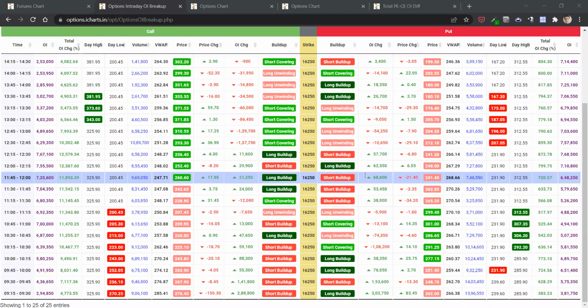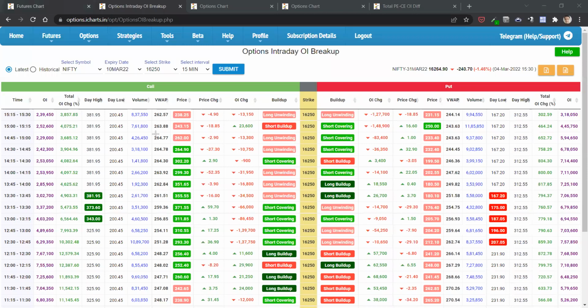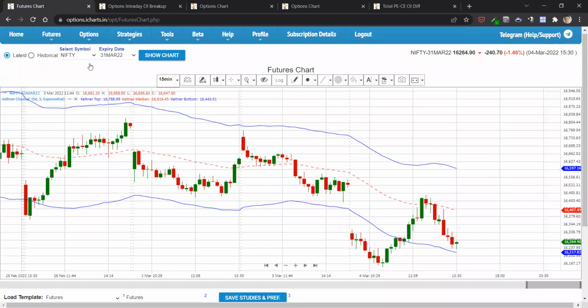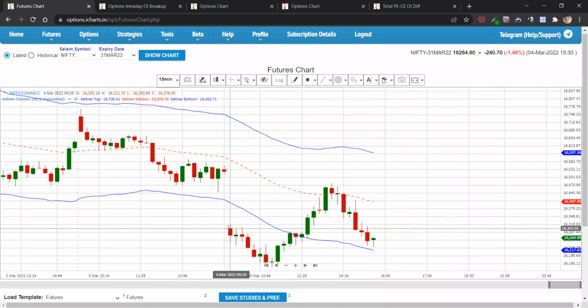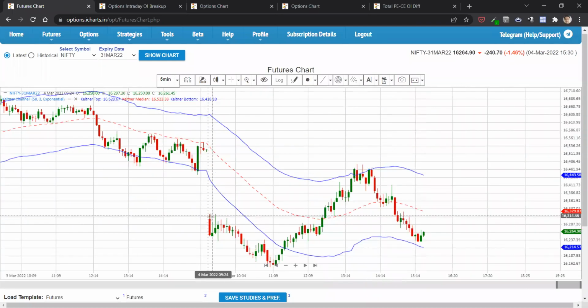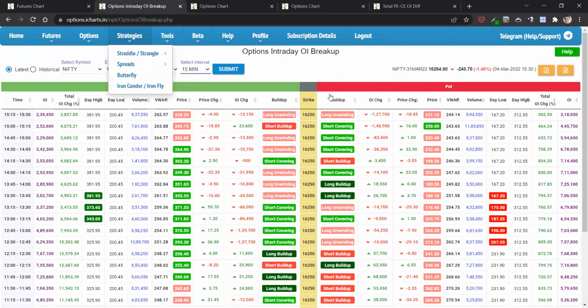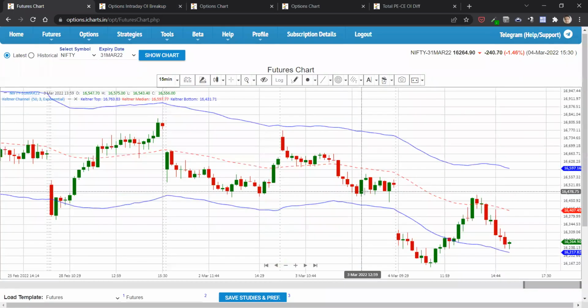Yeah, I'll start with the basics. The first thing I do when the market starts is, let's take a look at yesterday. Here is Nifty. Let us monitor 15 minutes, so even this chart I'll keep at 15 minutes.